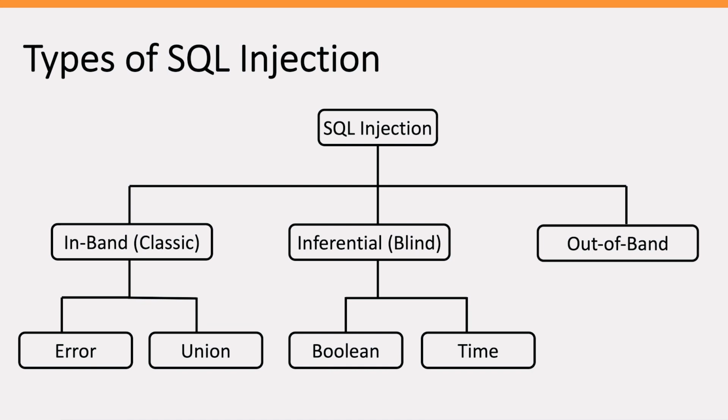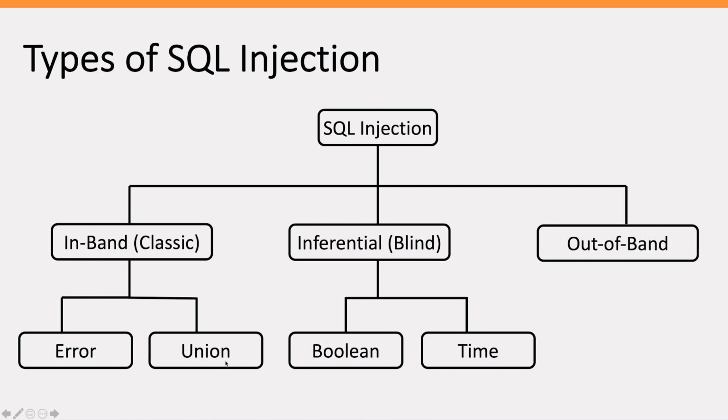And so what happens is that the error tells you things like the version of the database, so the type of database that they're using at the backend, the version of the database, and sometimes the error will also tell you the exact SQL query that is being used at the backend. And this would make your life so much easier because if you know the exact query, you don't have to guess it using trial and error. And this way you could just build your SQL payload. So that's an example of error-based SQL injection.